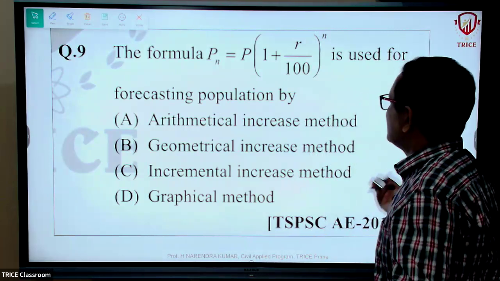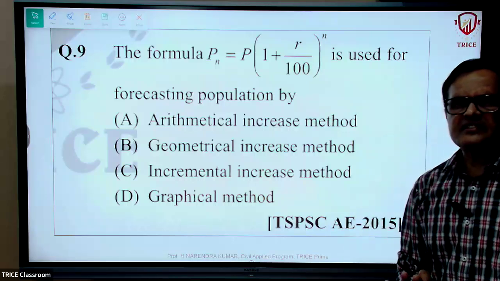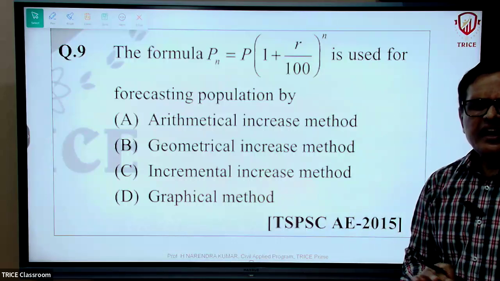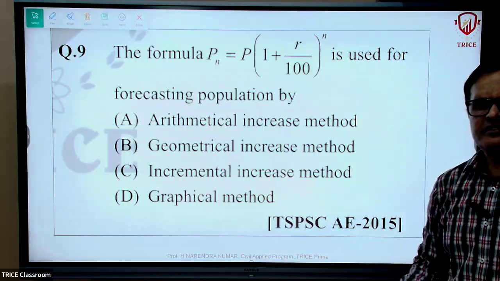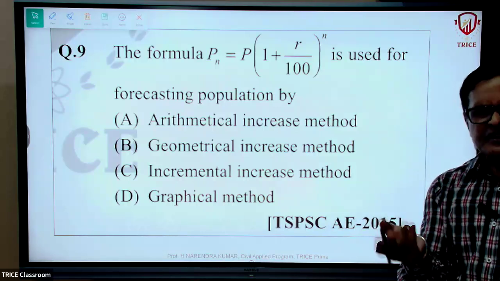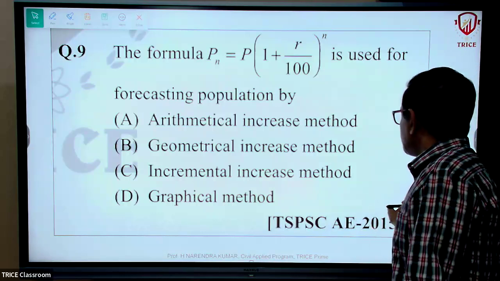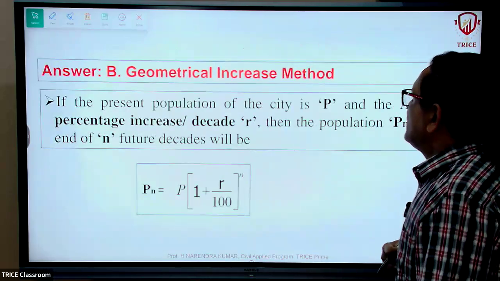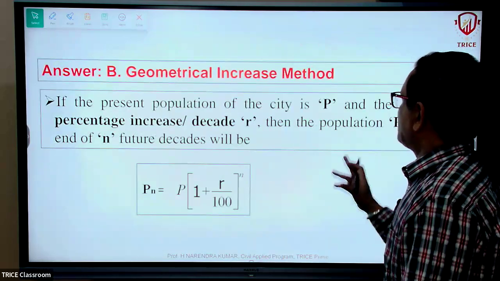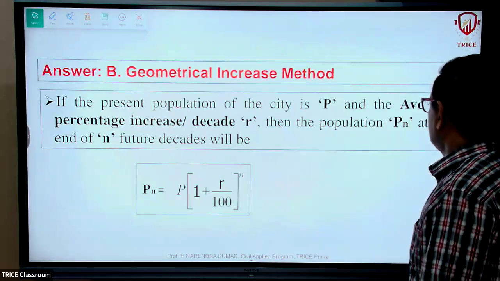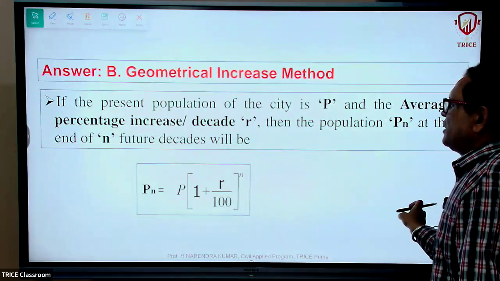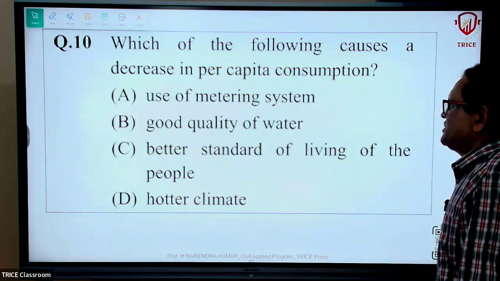Yes, that's all. If you attend the classes, I think 95% you can answer, except one or two problems where you may commit a mistake. So geometrical increase method, the formula is here. I don't think any explanation is required for this.